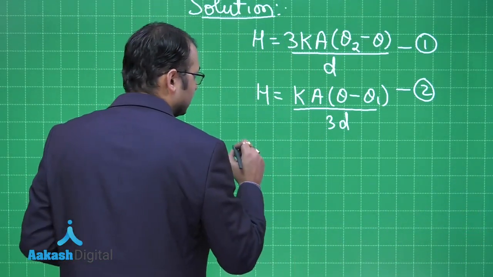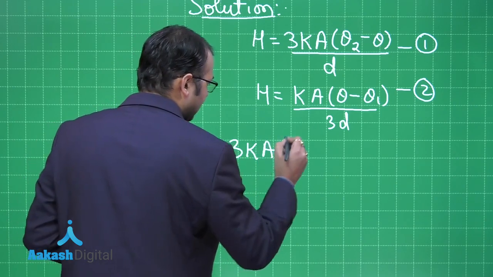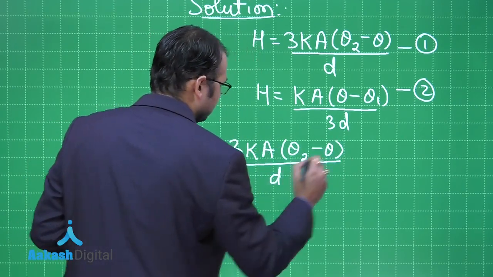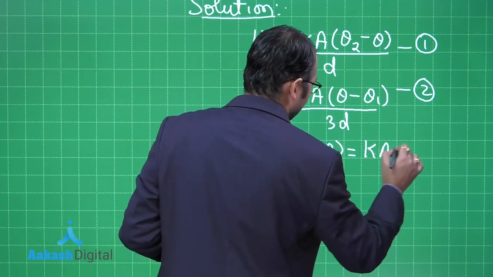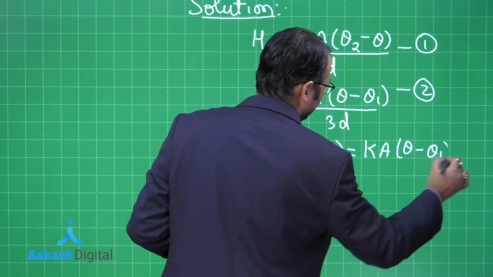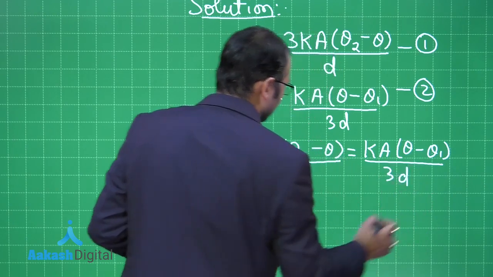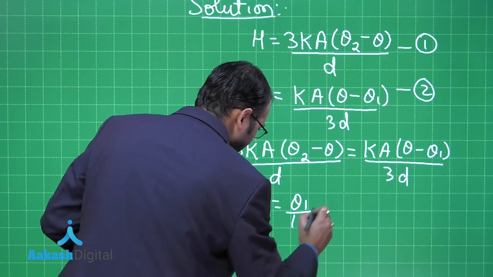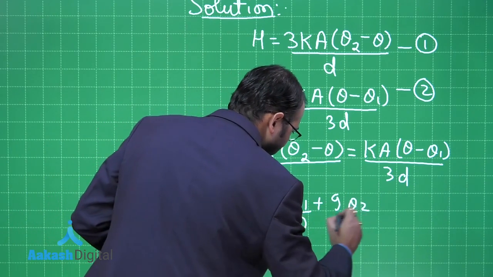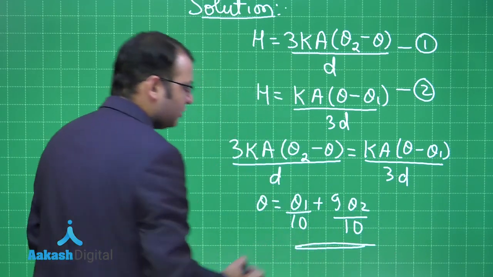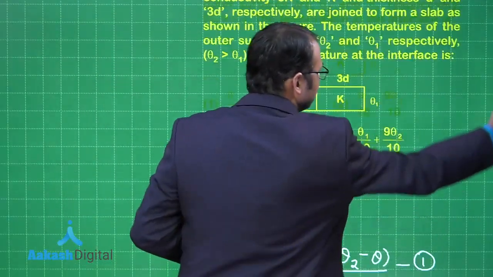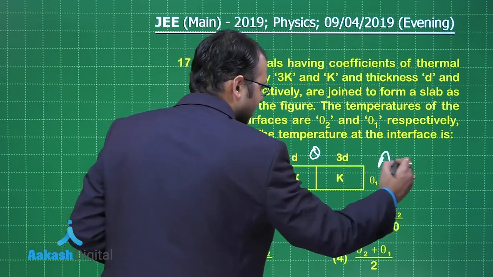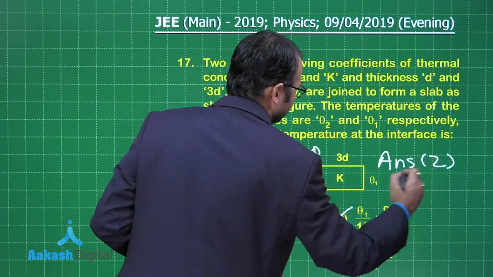So this can be written as 3KA (θ2 minus θ) upon D. This should be equal to KA (θ minus θ1) divided by 3D. On solving this, you will get θ is equal to θ1 by 10 plus 9θ2 by 10. Let's see which is the best suited option here. So among the four options given to us, option number 2 is the right answer to this question.